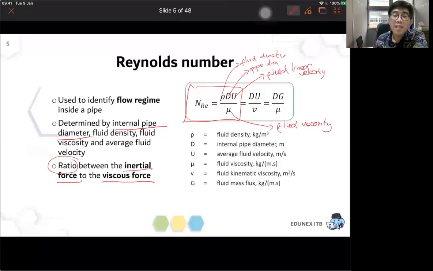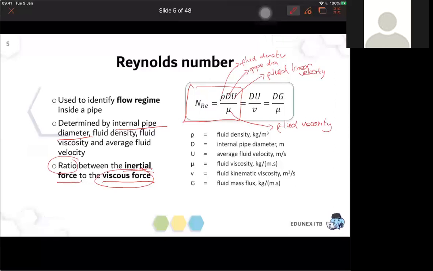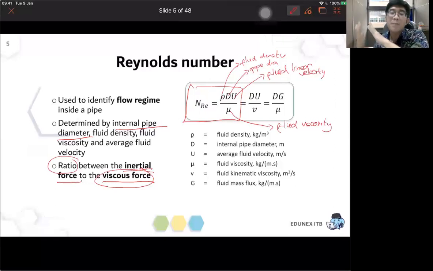It means the higher the velocity, the higher the force. But the viscous force is the force that holds back. Jadi viscous force adalah gaya yang menahan kecepatan fluida.